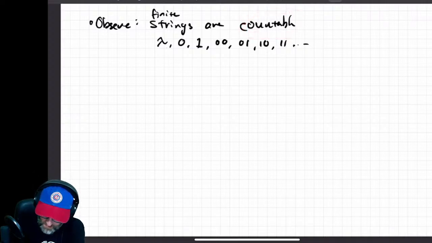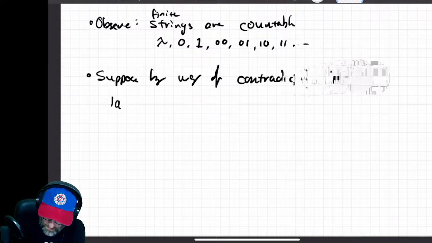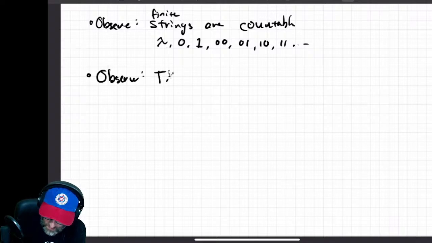I'm going to suppose, by way of contradiction, that languages... All right, and you know what? Let me back up. I'm also going to observe that Turing machines are countable. In other words, I can write out, here's a Turing machine.